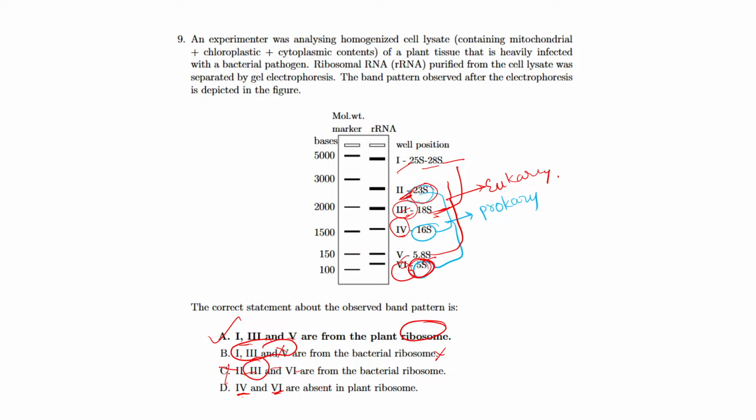I'll give an example: chloroplast and mitochondria, which are endosymbiont prokaryotes that evolved inside the eukaryotes, and these were also prokaryotes. So their ribosomes have 5S and 16S ribosomal subunits. So let's move on to the next question. Option A is correct over here.